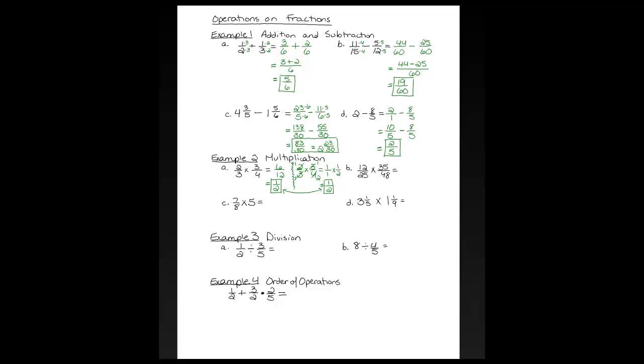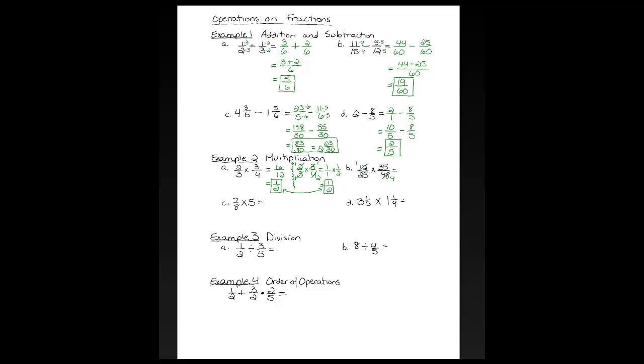Now moving on to part B. This is a case where reducing the problem ahead of time will make the numbers at the very least a lot smaller and easier to work with. So looking at these, we have 12 and 48. Both of those are divisible by 12. So 12 goes into 12 once. 12 goes into 48 4 times.